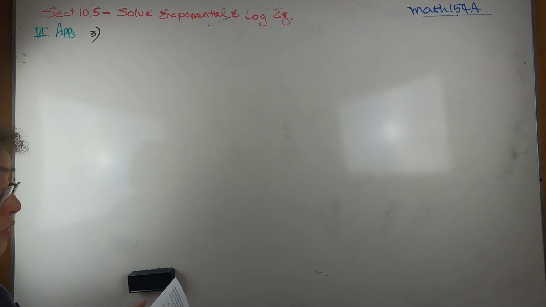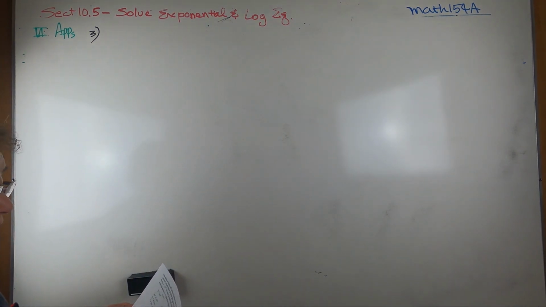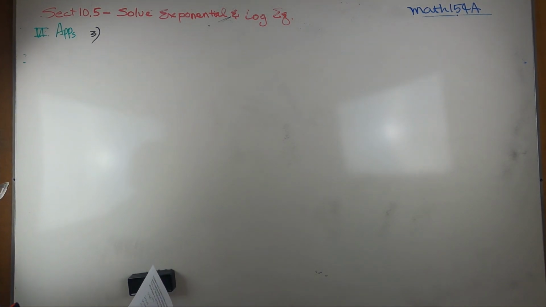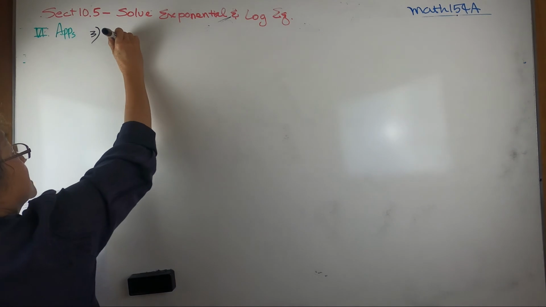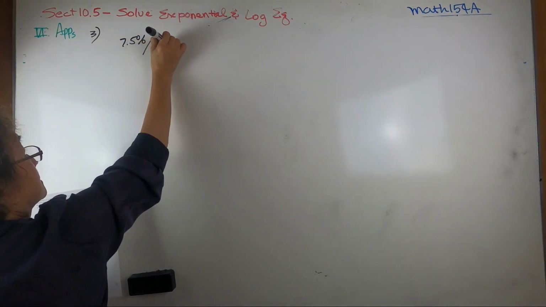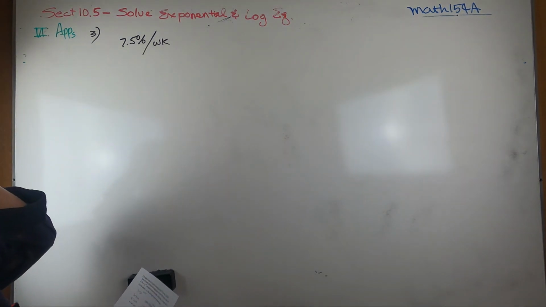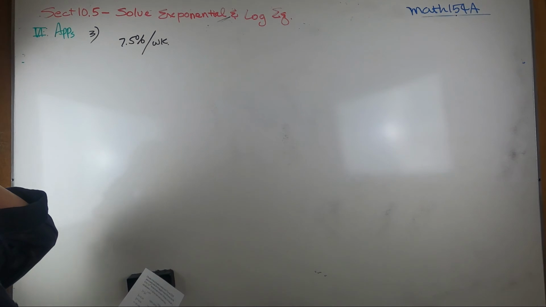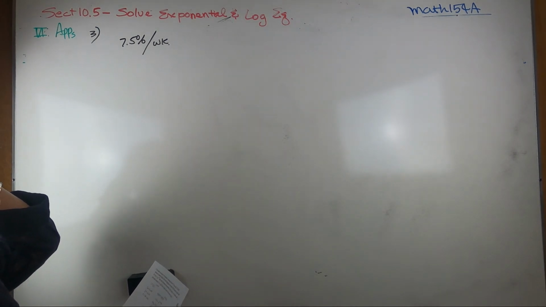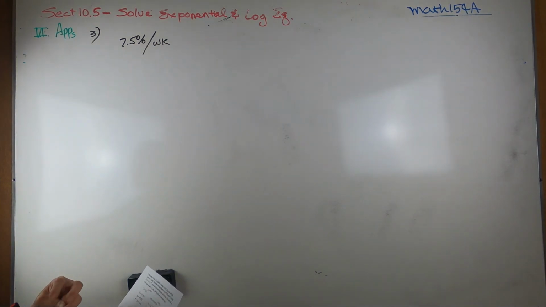On your page 43, it says the number of victims of a flu epidemic is increasing at a rate of what? 7.5% per week. I'm just thinking, so that's better than our COVID-19.